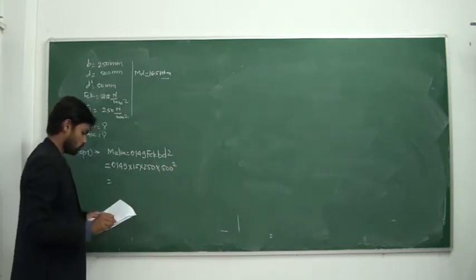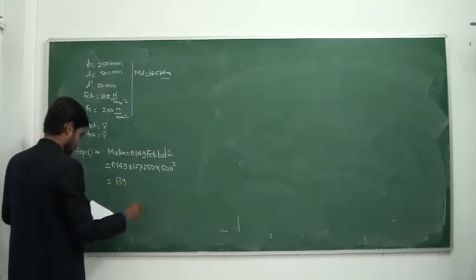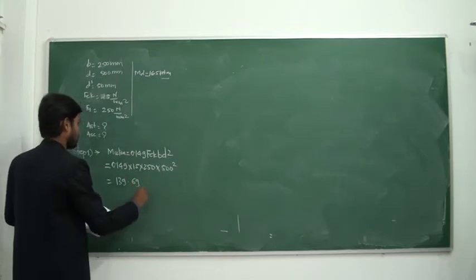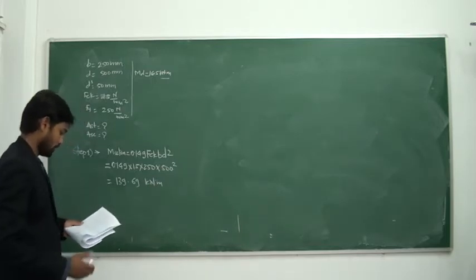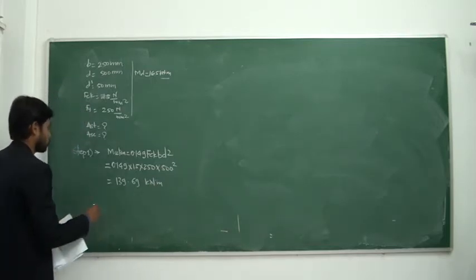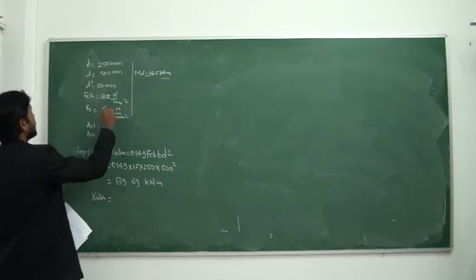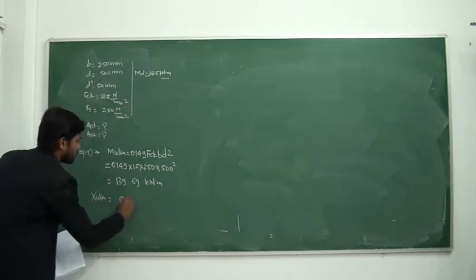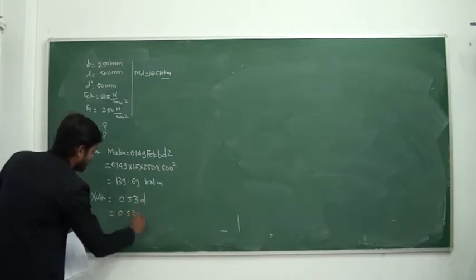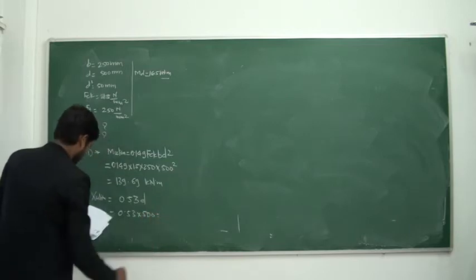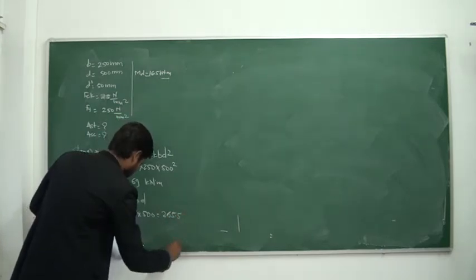If we substitute all the values, you will get MU limit as 139.69 kilonewton meter. Similarly, we will calculate XU limit for this particular grade. XU limit can be calculated as 0.53 d. We substitute the value, d is 500. We will get XU limit as 265.5 mm.